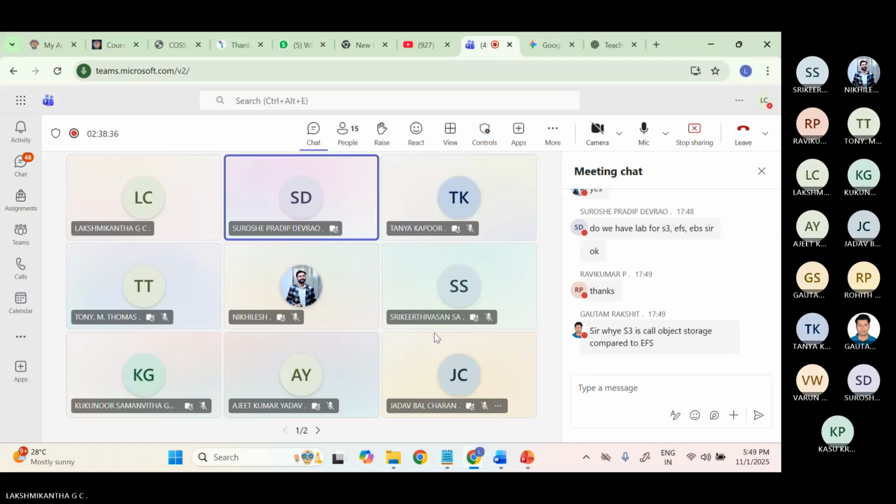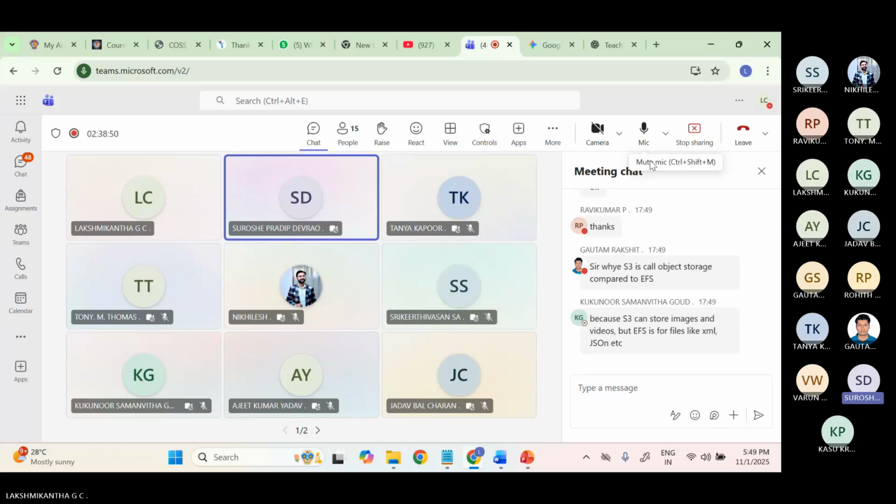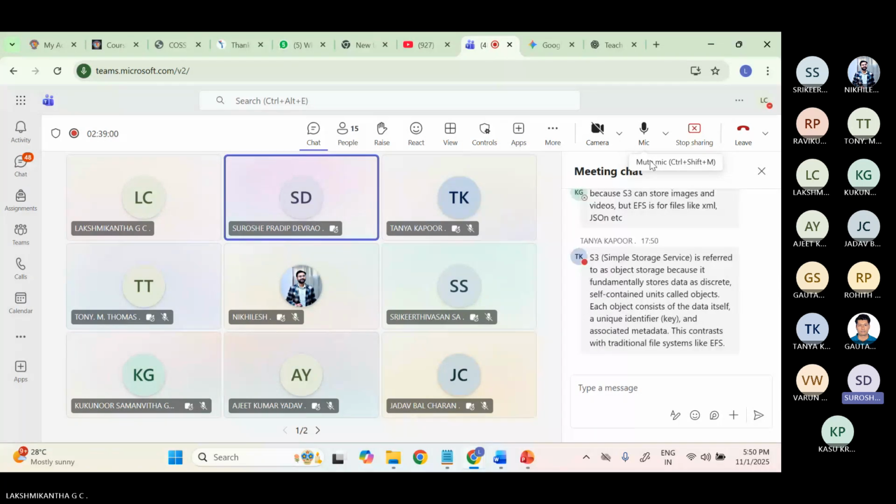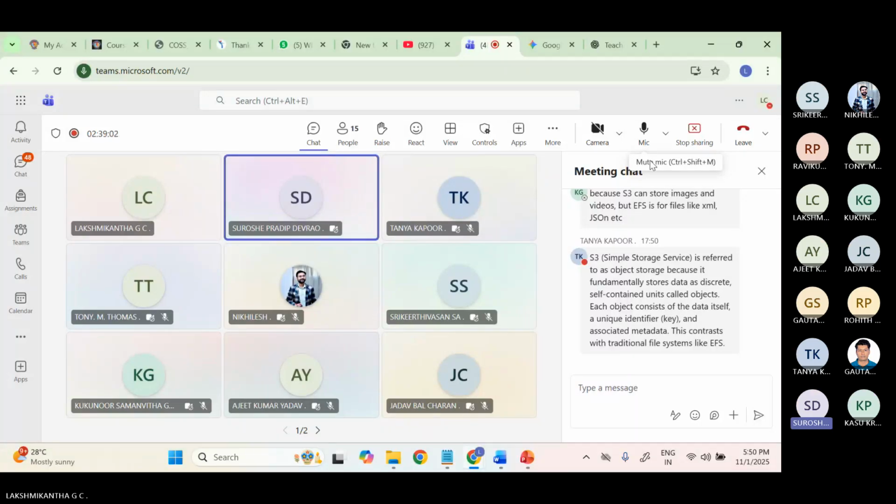Yeah. So S3 is a simple storage service in which the data is stored in the form of objects. And in EBS, the data is stored in the form of blocks.